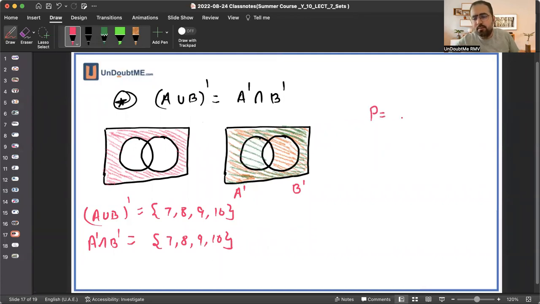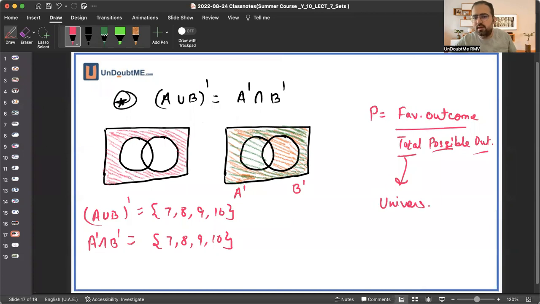that probability has a simple formula: favorable outcomes over total possible outcomes. Okay, so when I say total possible outcomes, this will most probably be the universal set, because everything is coming from there only, which we can also call the sample space.